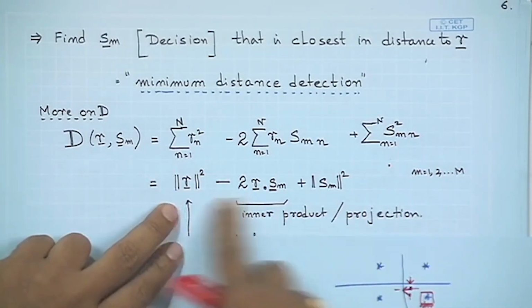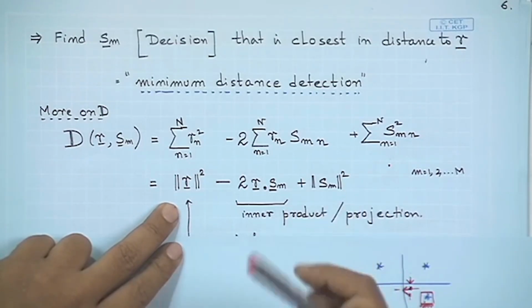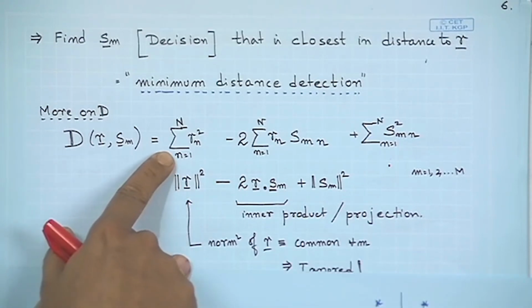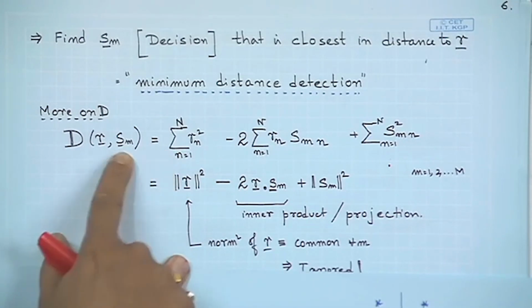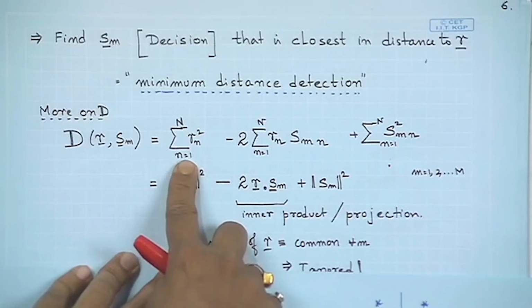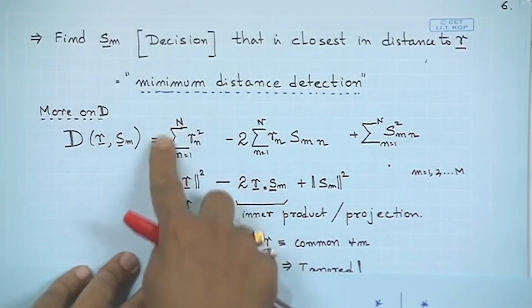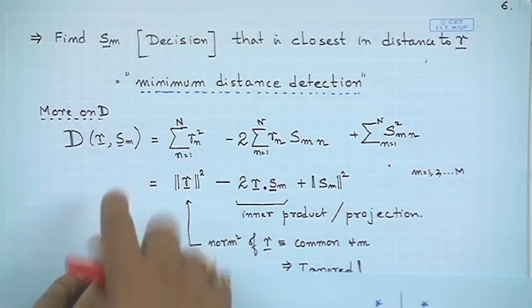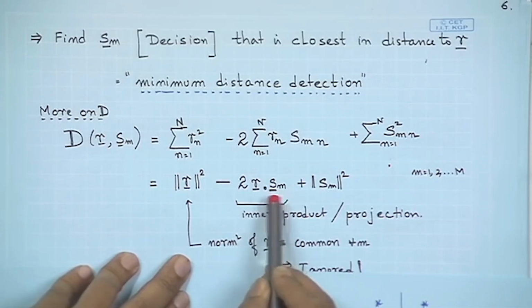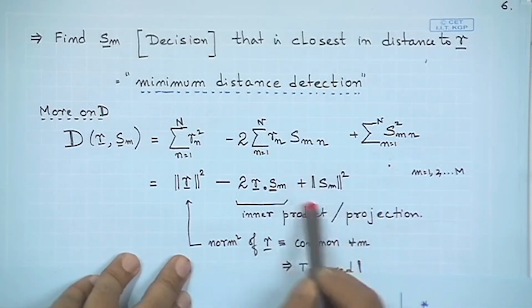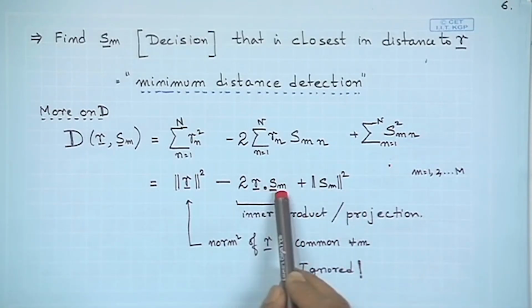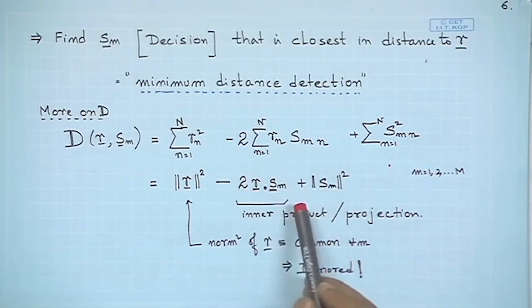This is written in vector notation, length squared, and what you see is that this term is common to all Sm and is not dependent on Sm. In the same manner, we may ignore this while computing the distance, and what is left is the projection of r on Sm. So, you are projecting r on Sm, and there is the energy of the signal. What we have is the projection and the energy of the signal, which is relevant for us.